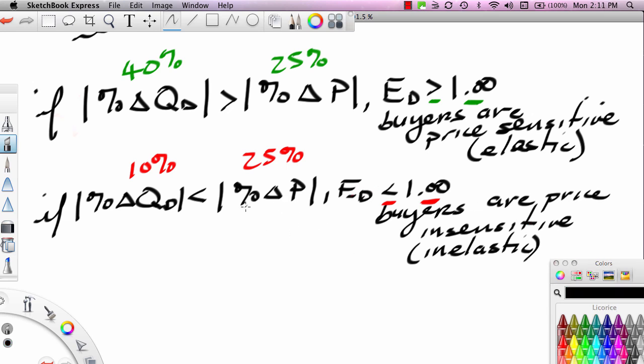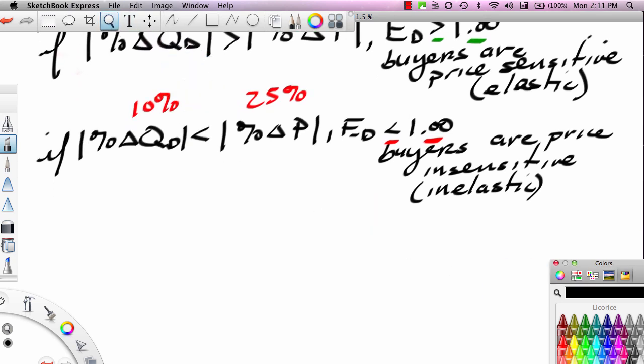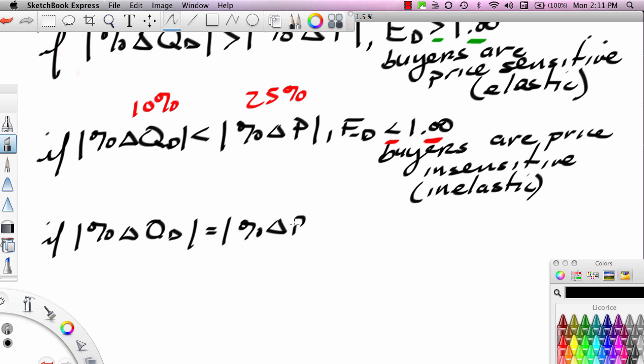We haven't talked about it. Let's move this up just a little bit. The third possibility, of course, would be where they're equal. And that's an important thing to say because it at least gives us the fence line or the border. So if the percentage change in the quantity demanded were equal to the percentage change in price, then what would be true? ED would have to be equal to 1.